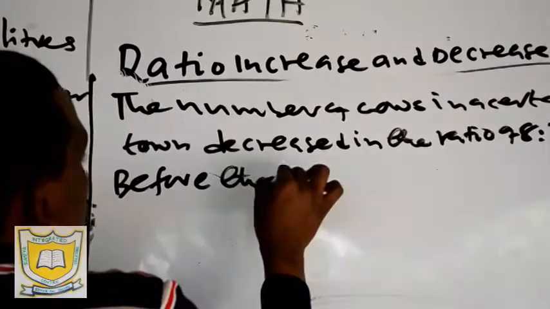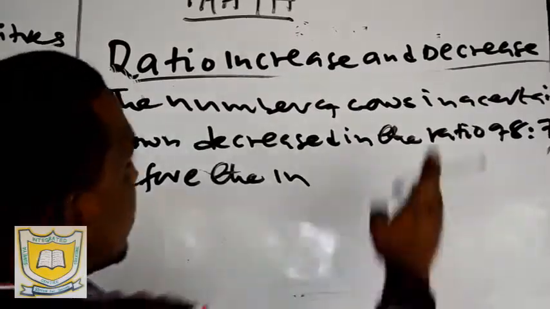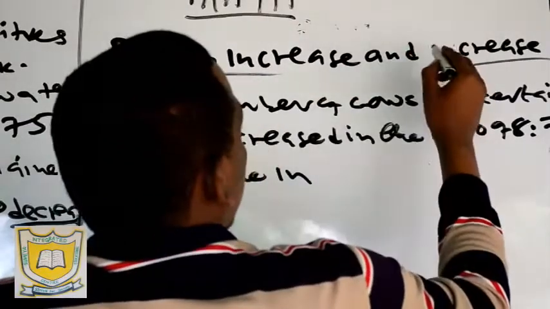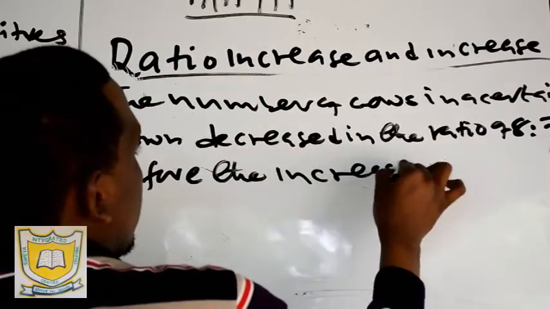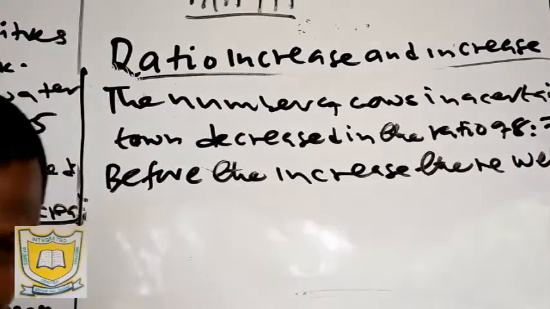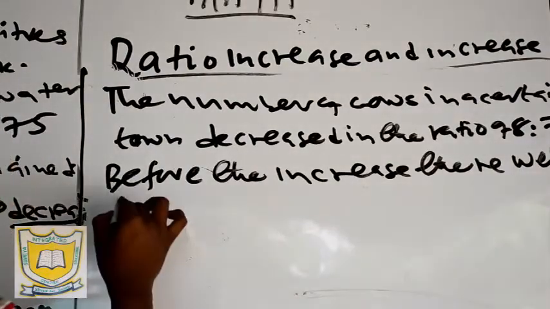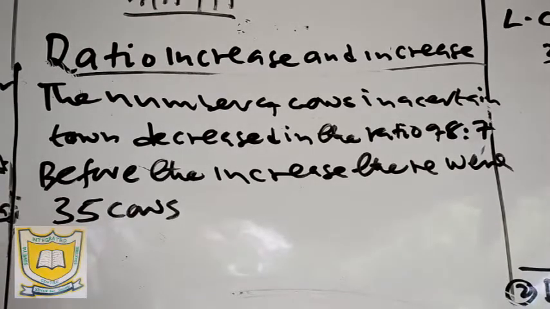You are told, before the increase there were 35 cows. Before it was increasing, there were 35 cows.